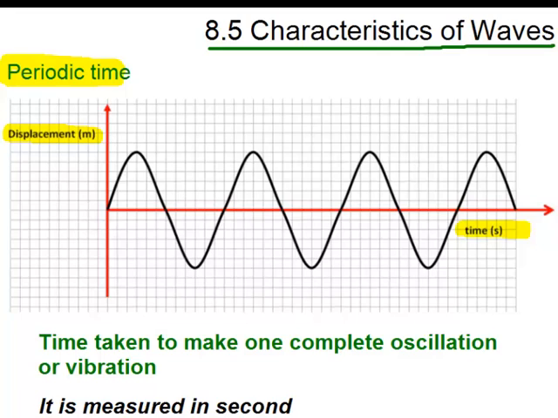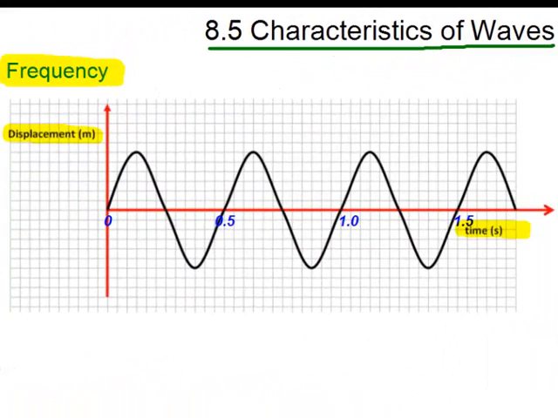Now let's look at the last characteristic, which we are going to call frequency. So we want to talk about frequency. Again, we have the displacement time graph. Now here I have several waves. We have already seen that the time taken to complete one oscillation is what we refer to as periodic time.